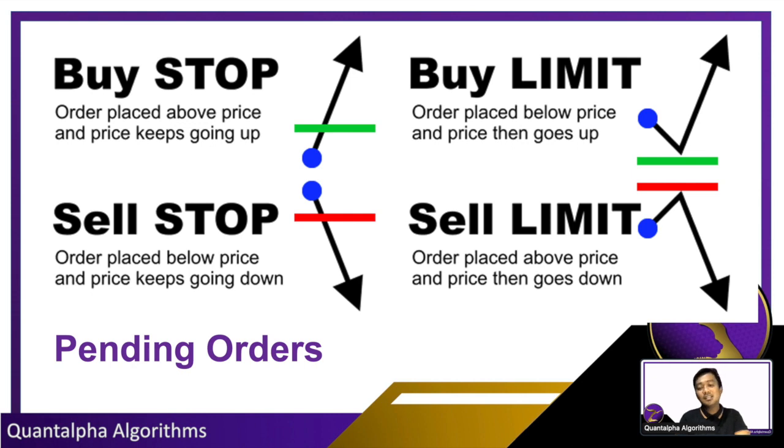The other one is the sell limit, vice versa of sell stop, and somehow also the vice versa of the buy limit. When we say sell limit, this is an order placed above price, and the price then goes down. For example, the blue dot is the current price and you are forecasting that the asset will go down.